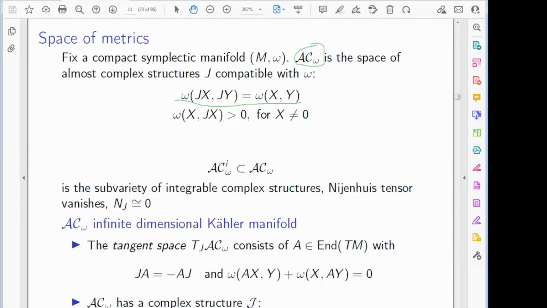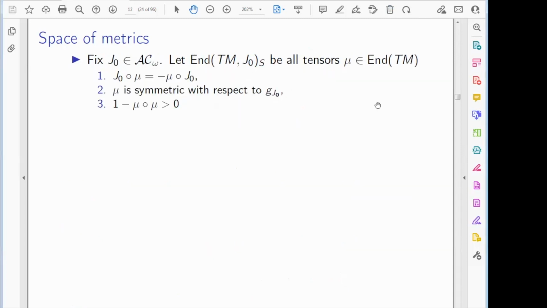And to see that it's a genuine infinite dimensional complex manifold, you need charts.